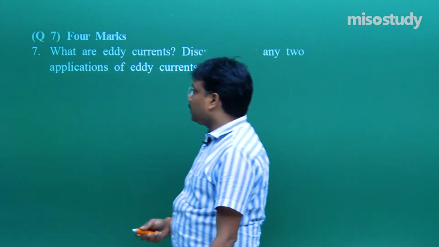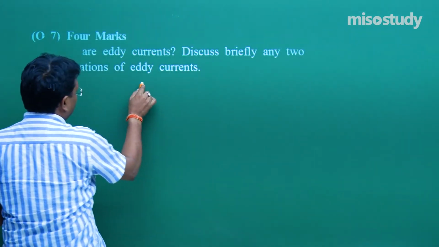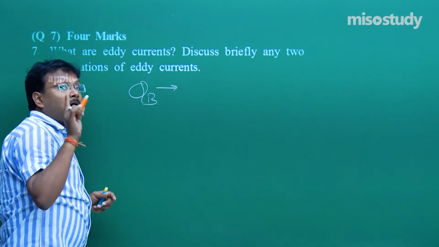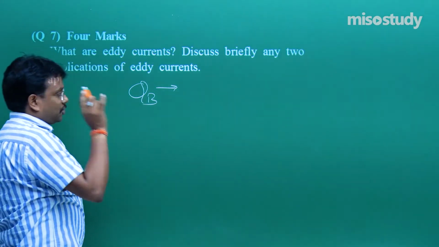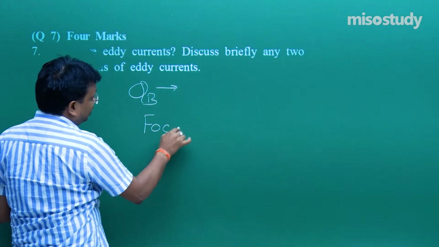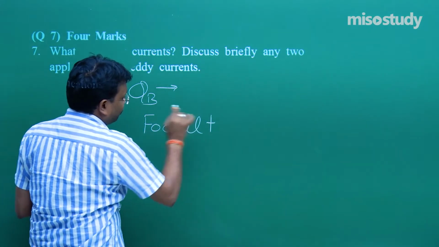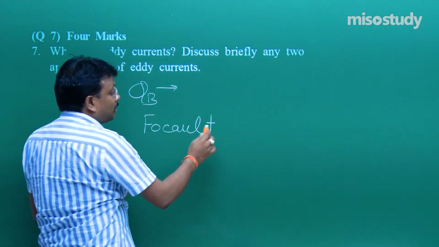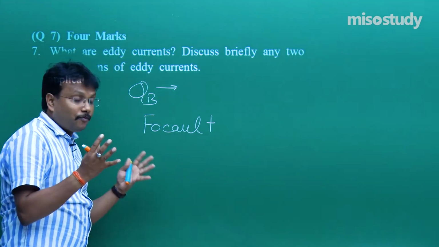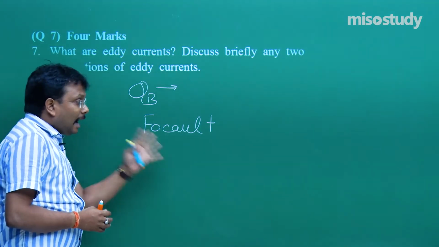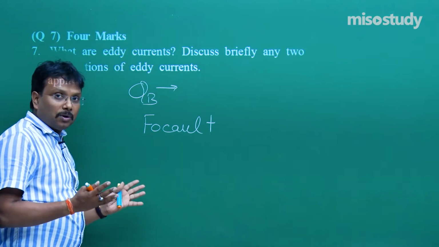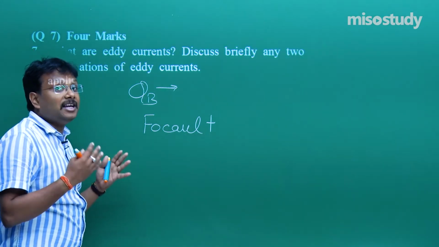I explained over there that if the flux associated with any coil is changing, then induced current will come into picture. Fine. But as per the scientist Foucault, if the flux associated with a conducting object changes, then in that particular object currents will form whirlpools, and that is defined as eddy currents.